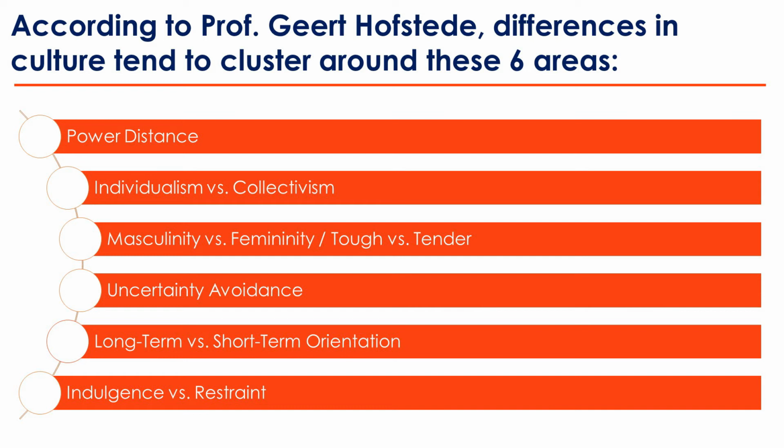The next point is individualism versus collectivism. Do people take identity from their individual position in society, or do they tend to derive meaning and identity based on their membership in larger collectives? Third point is masculinity versus femininity, or tough versus tender.